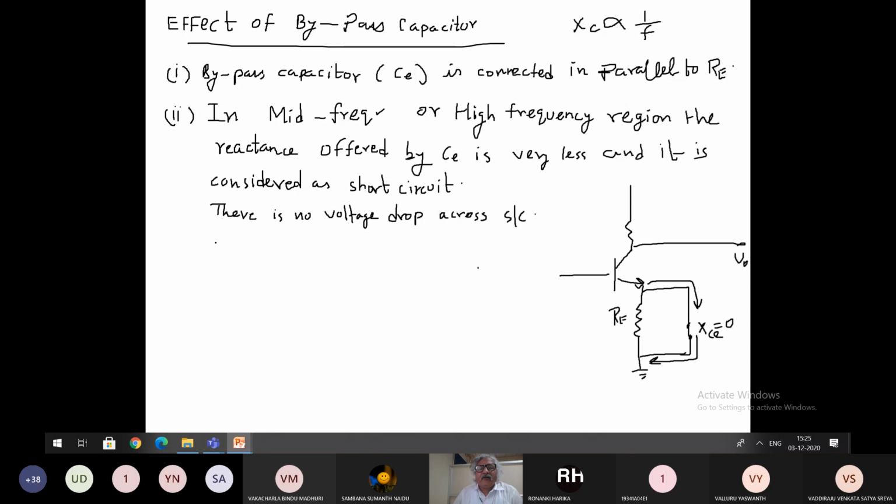So this bypass capacitor will not cause a voltage drop when the transistor is operating in the high frequency or mid frequency region.